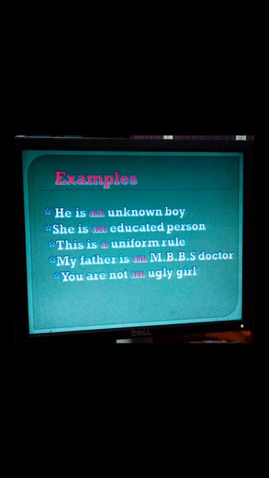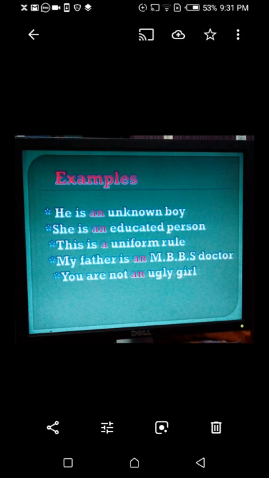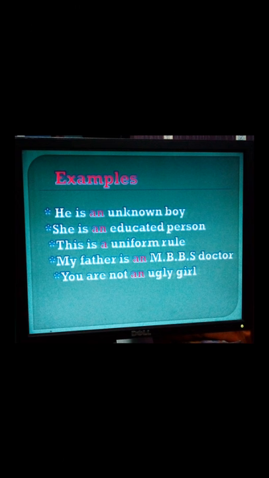She is an educated person, the sound is coming from e, so that's why I put an. This is a uniform role. Why did I put a here? Because uniform begins with the ya sound, so that's why I use a.